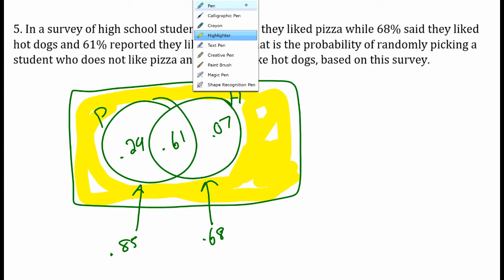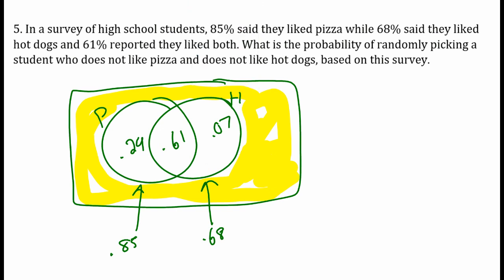So the first thing that I should probably do is find the probability I'm in the circle. What's the OR probability? Well, the probability of pizza or hot dog, let's add those all up: 0.24 plus 0.61 plus 0.07 is 0.92. 85 plus 7% gave me 92%.